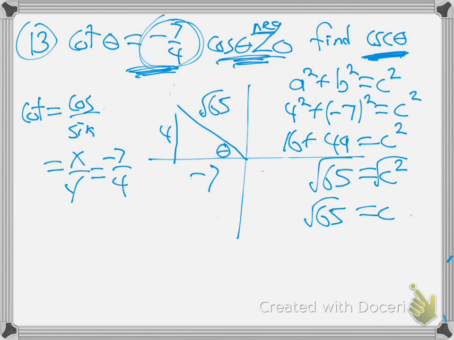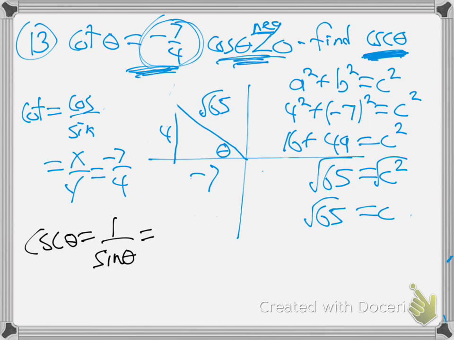Okay. So now, final question. What's the cosecant? Cosecant of theta is 1 over the sine, right? So how do we do 1 over the sine? Well, what is sine in the triangle?